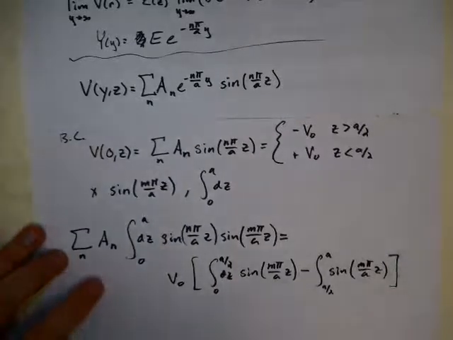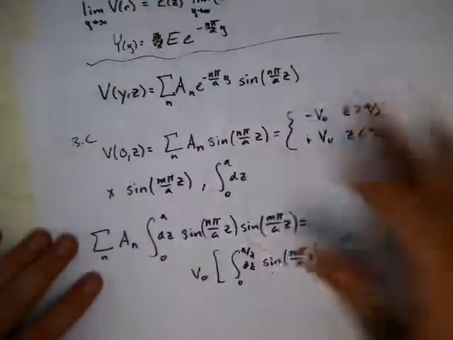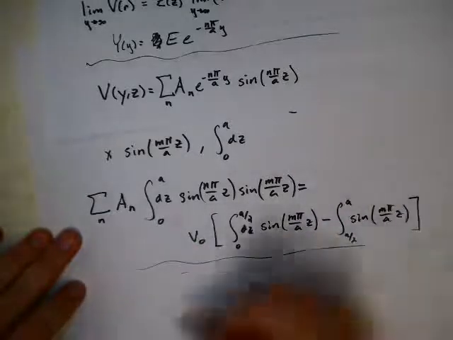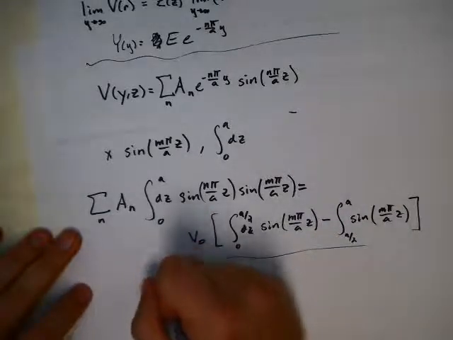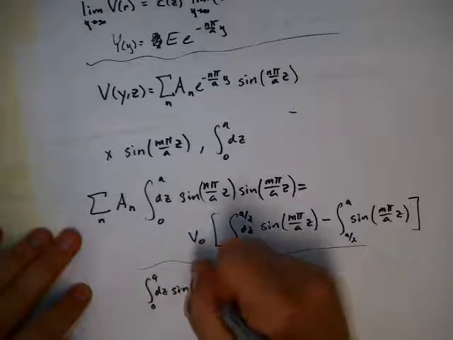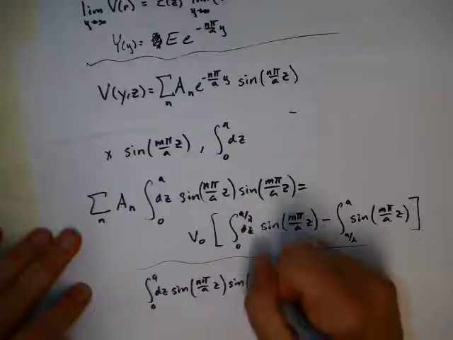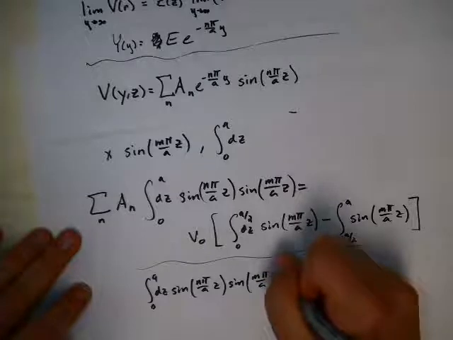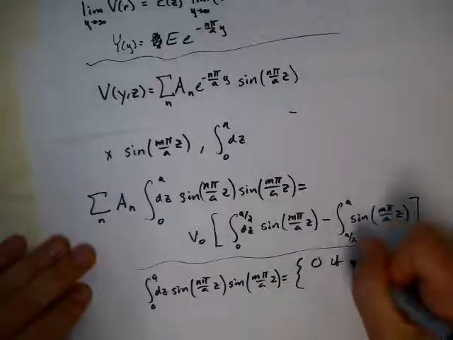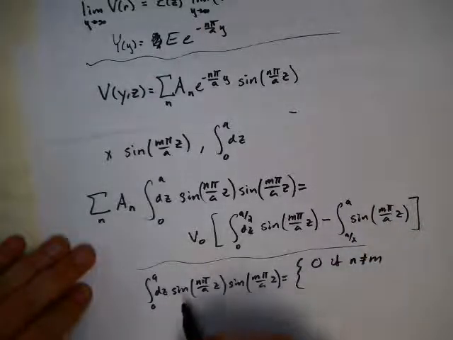Now, at this point, the power of the Fourier trick is in what we call the orthogonality of these sine functions. So the orthogonality of the sine functions is the following statement. The integral from 0 to a dz of sine n pi over a z times sine of m pi over a z is going to be equal to 0 if n is not equal to m, and if n equals m, this is just sine squared.